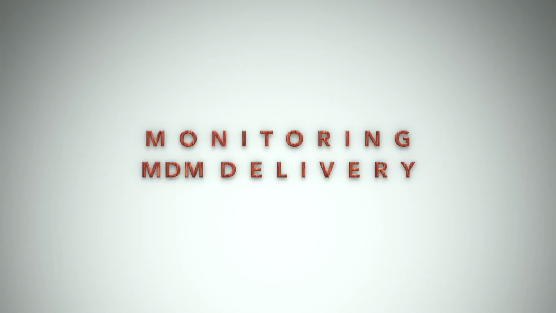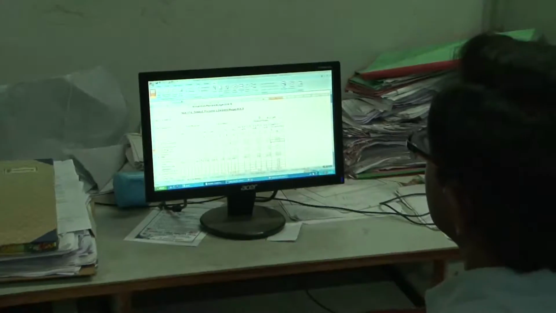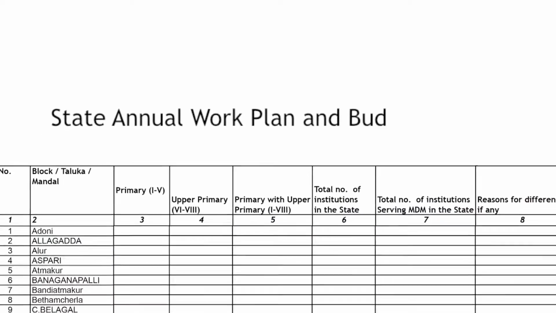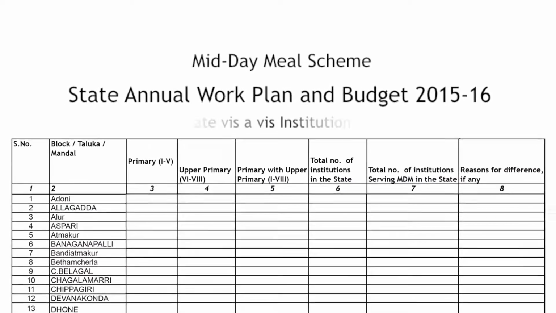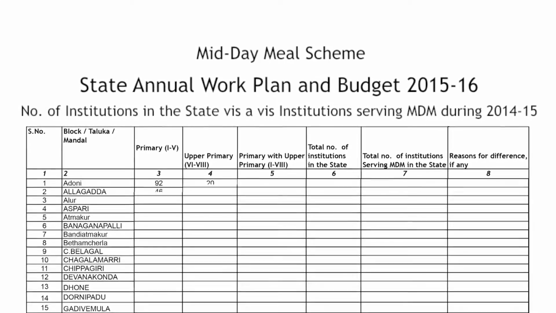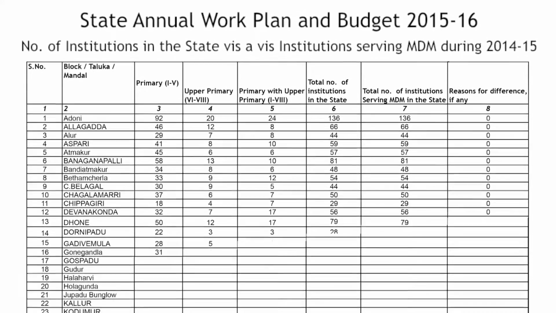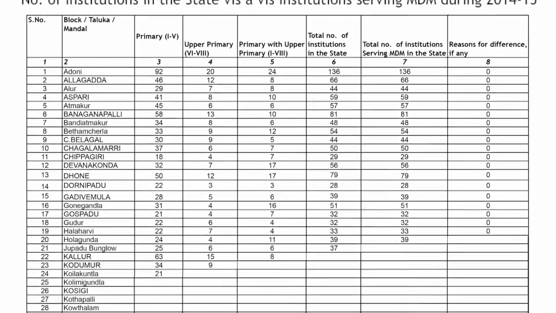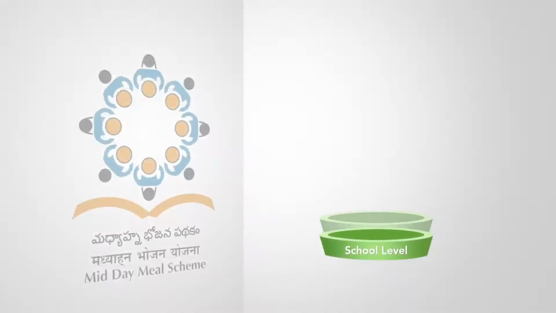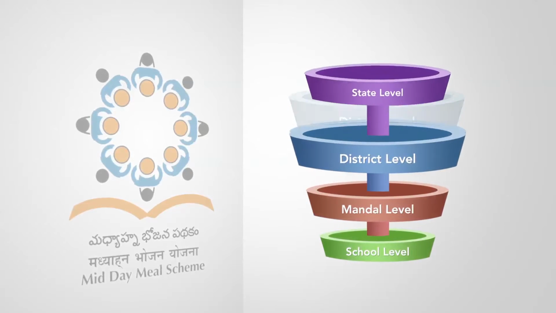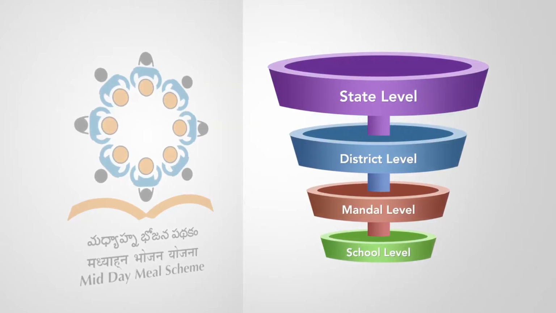Monitoring MDM delivery. This begins with the preparation of the state annual work plan and budget for the midday meal scheme, that is subject to information maintained at the school level and aggregated in block, district and state level. It envisages a bottom-up approach rather than a top-down approach to planning.